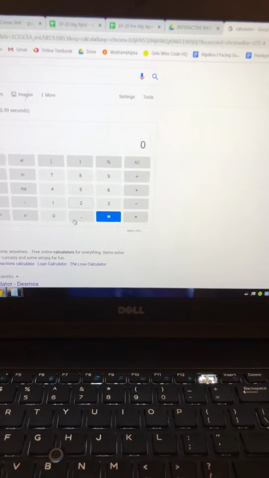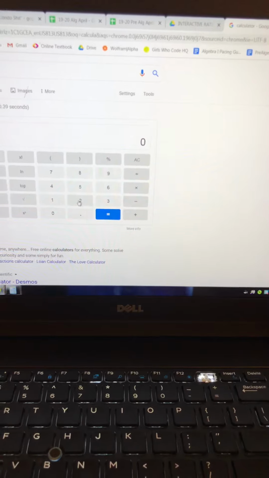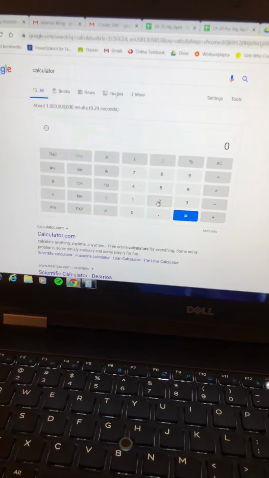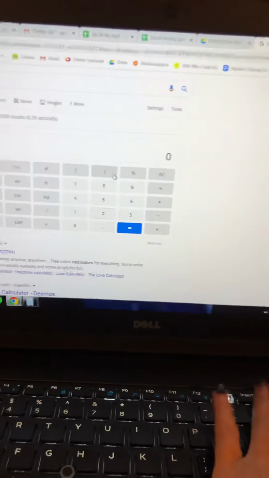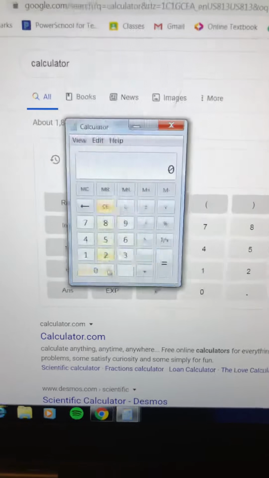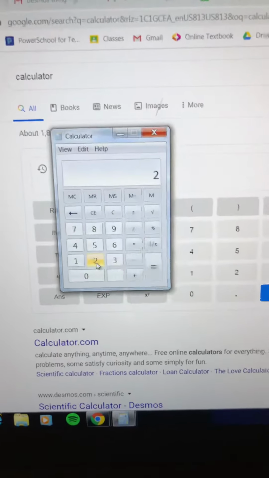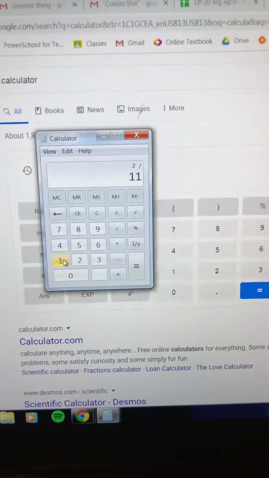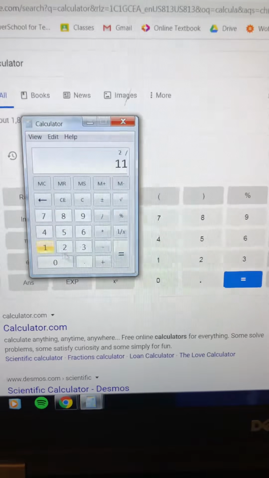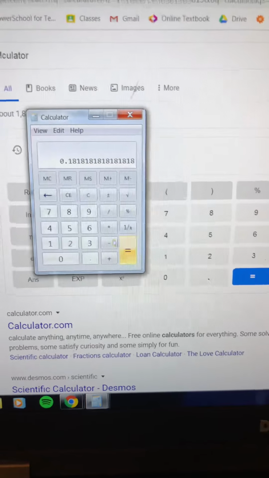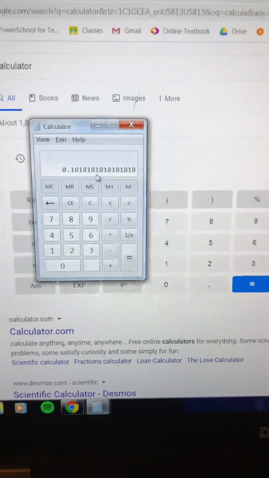Please hold for technical difficulties. All right, well, that's not working. Thank God I have another calculator. So 2 divided by 11, which is the same as 2 elevenths, is 0.18181818, blah, blah, blah.